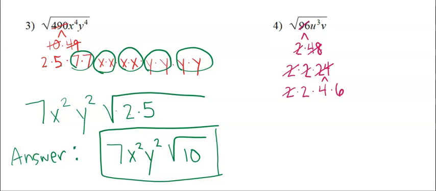So I'll keep the 2, keep the 2. 4 is 2 times 2, so you really want to keep track of all of your numbers so you don't think you've already written it. And 6 is 2 times 3. We've got u cubed, so that means we have 3 of them. And then I have 1 v. Remember, there's an imaginary 1 there, so I'm going to still bring that down.